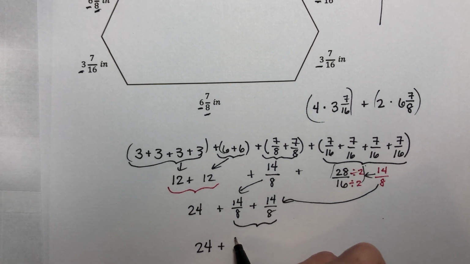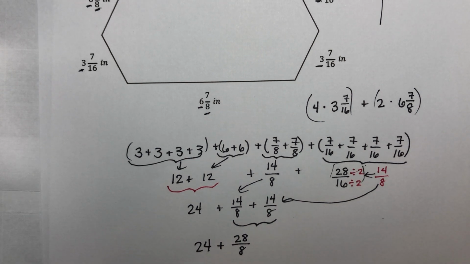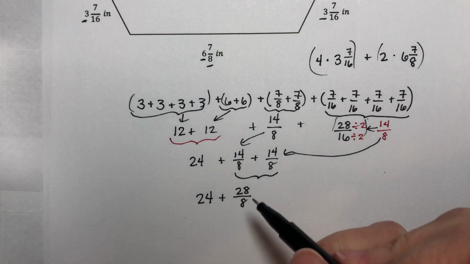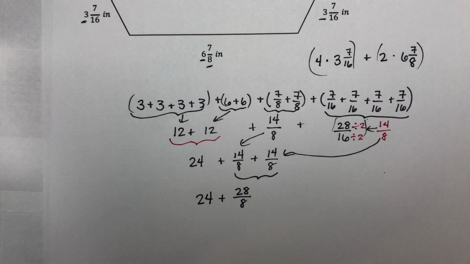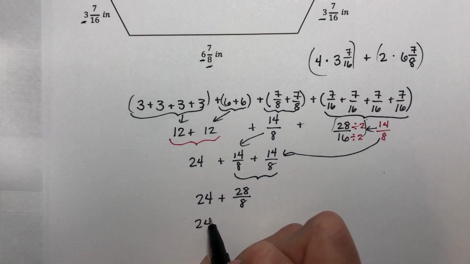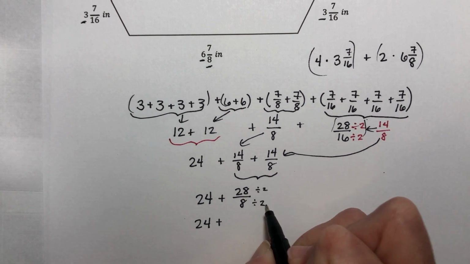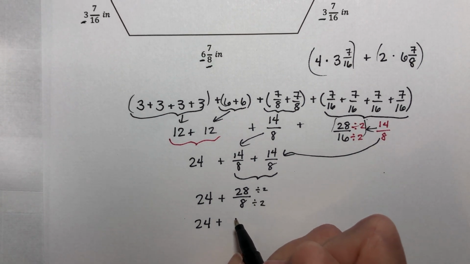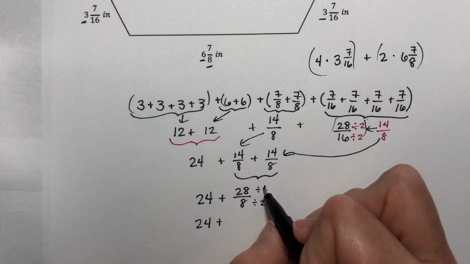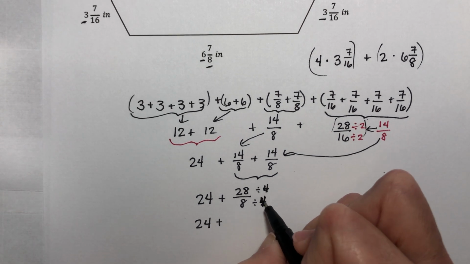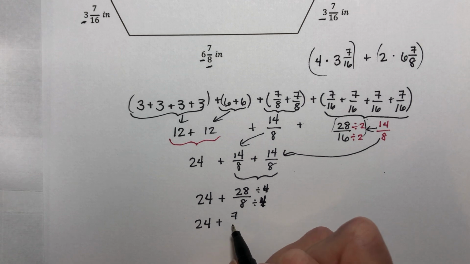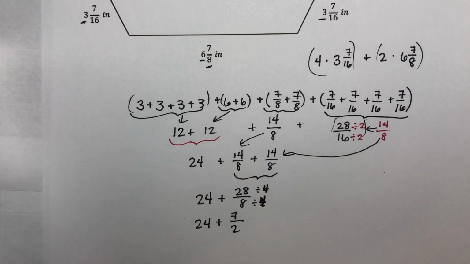14 plus 14 is 28 over 8. I can simplify this as well. Both of these are divisible by 2. So this is 24 plus, if I divide this by 2, divide this by 2, I can divide both of these by 4. That's even better. 28 divided by 4 is 7. 8 divided by 4 is 2.